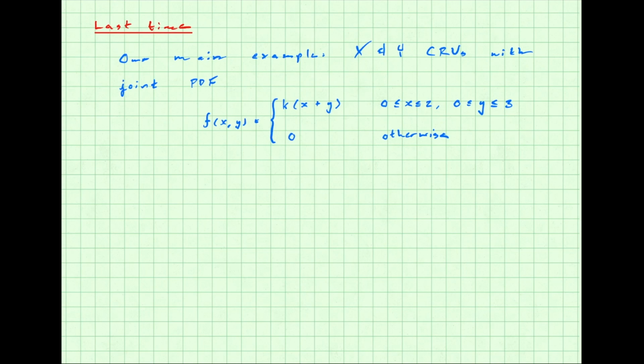So we started off with this example in the last lecture, and we used the honesty condition to find a value for k. Honesty told us that k was equal to 1/15. And then we also found the marginal distributions by integrating.